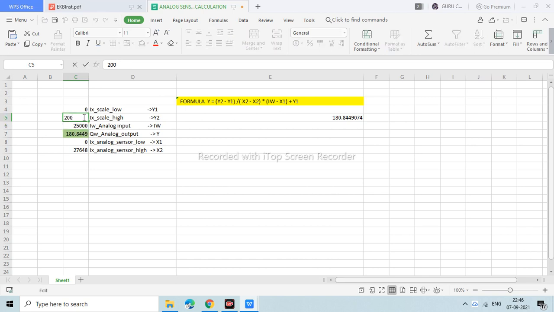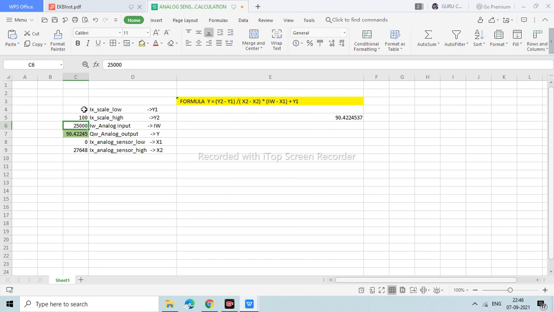Mostly we use the standard of 100. You are the user, so you have to define in which range you want the value.